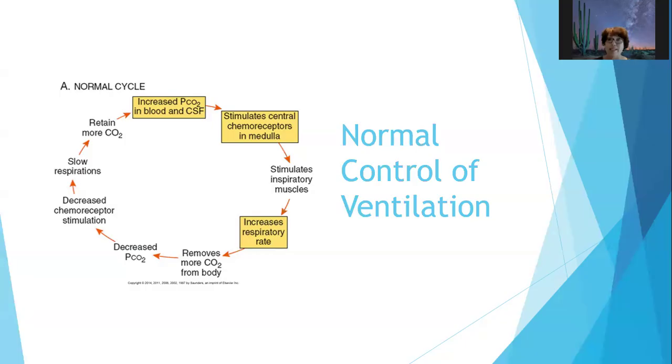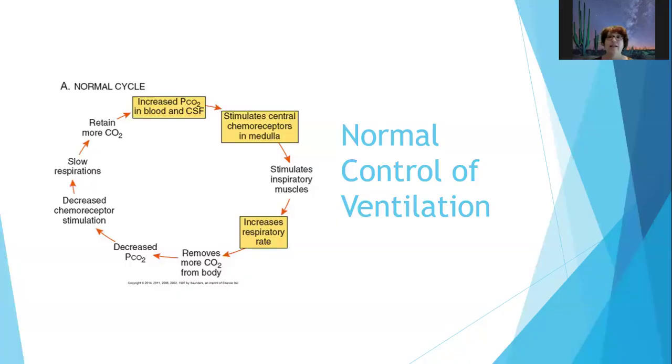So you get decreased partial pressure of CO2 and decreased chemoreceptor stimulation, which slows the respirations, causing us to retain more CO2 and making the whole thing happen over again. Isn't that lovely? So the main thing that usually stimulates breathing when you have normal physiology going on is the increase in CO2, and that's called the hypercapnic drive.